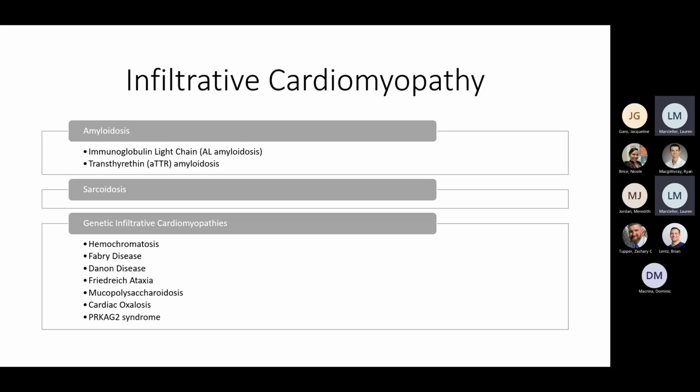And then it's worth mentioning that there's this other category of the genetic infiltrative cardiomyopathies. Some of these we've seen, others I've honestly never seen, but the more common are the first three: hemochromatosis, the iron overload and iron deposition, Fabry disease, and Danon disease. But we're not really going to speak on those. We're going to focus on the amyloidosis and sarcoid.